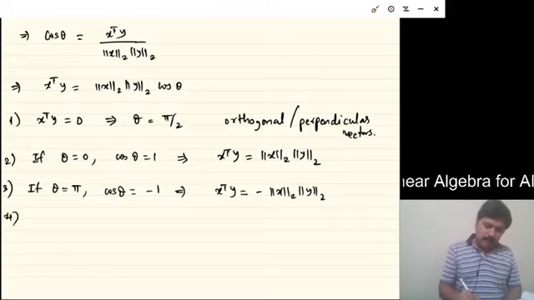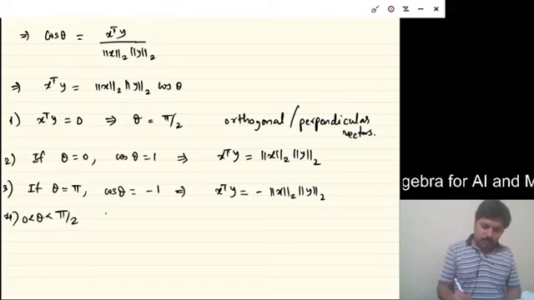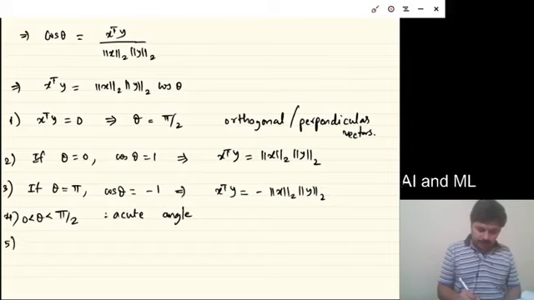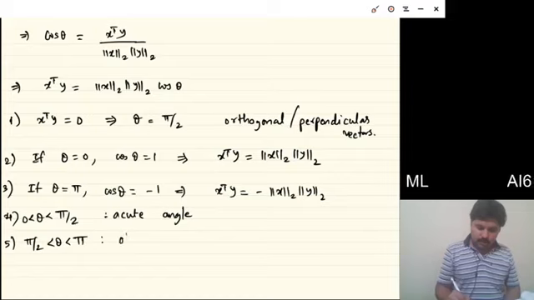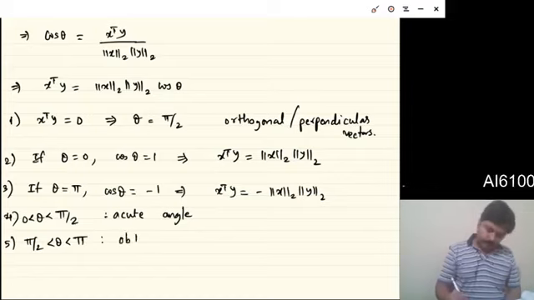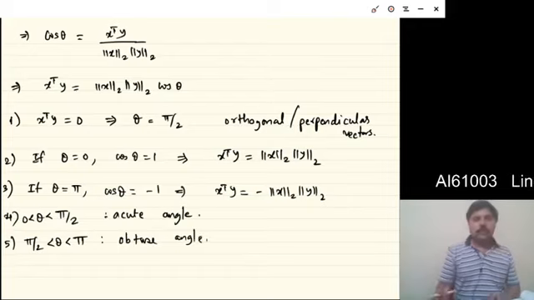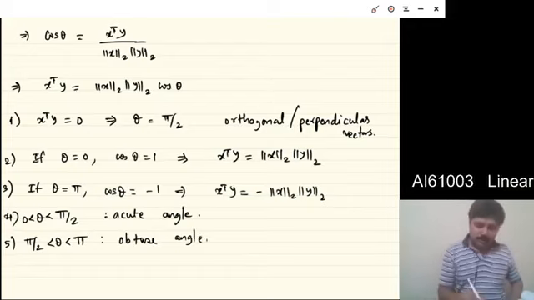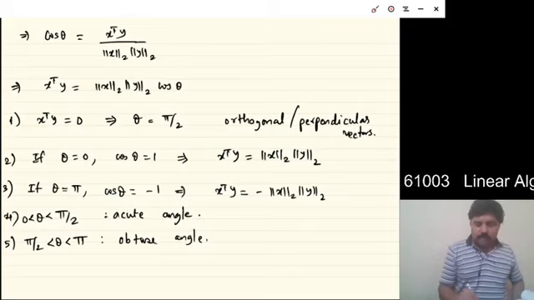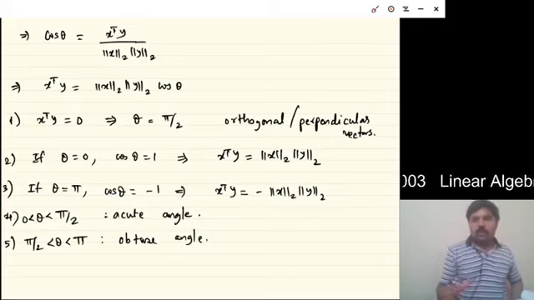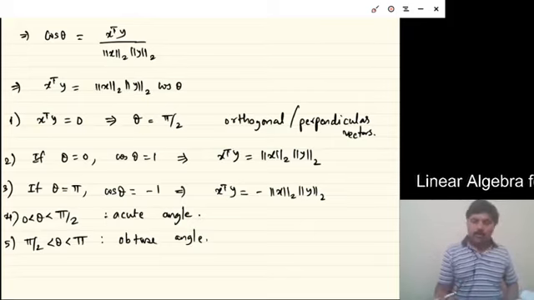And the fourth thing is that if theta is less than pi by 2, then we call it an acute angle between the vectors, and if theta is greater than pi by 2, then we call it an obtuse angle. So this is some terminology, and this is a very important consequence. We will use the first consequence often, the orthogonal vectors.